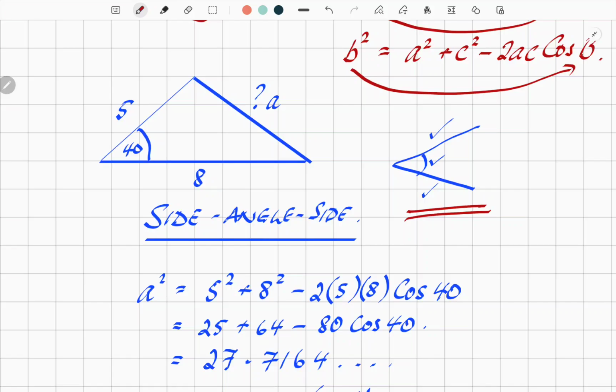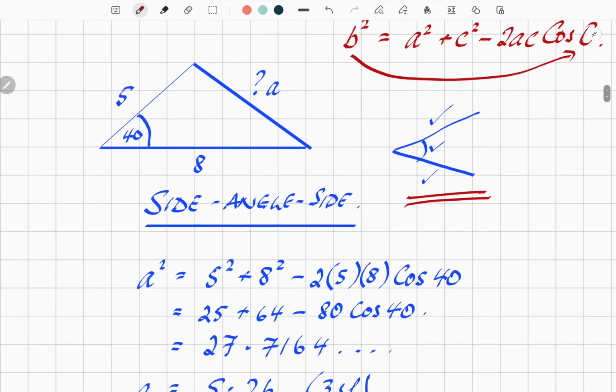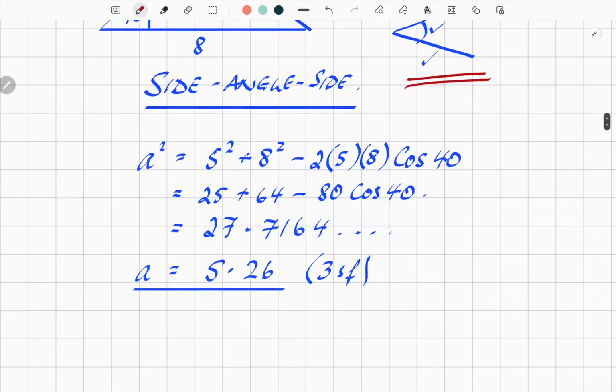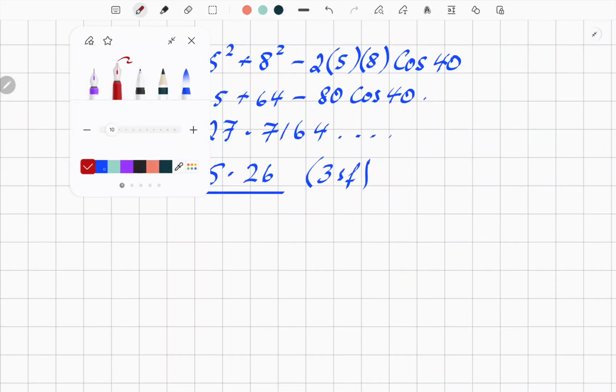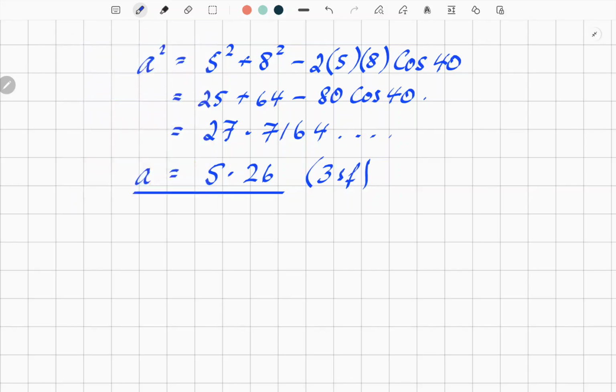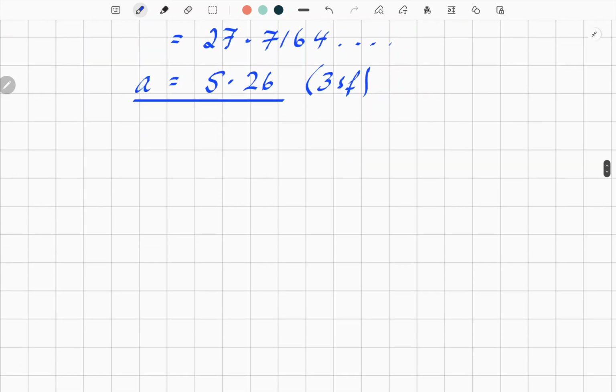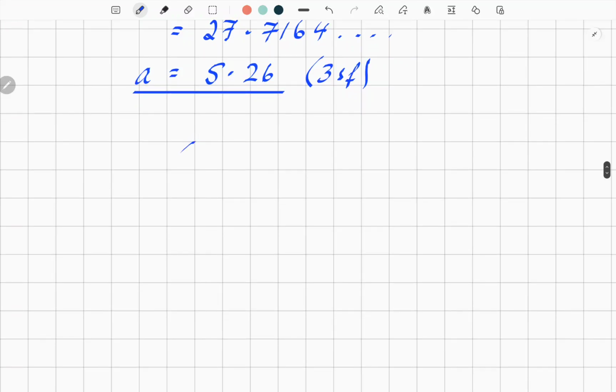Okay. Now, using the same sort of triangle, we can use the cos rule. If we know, for example, three sides, we can actually use the reverse cos rule to find an angle. So I'm picking random lengths. I have no idea how this is going to work out. Let's see.